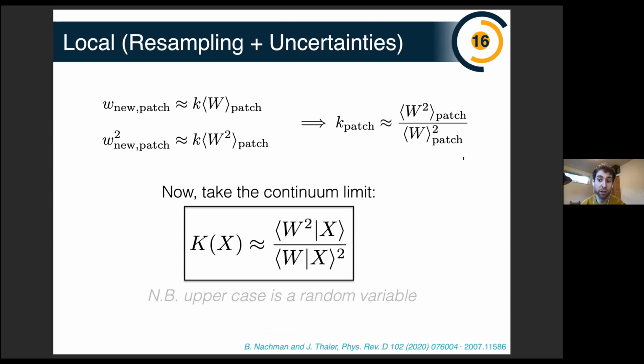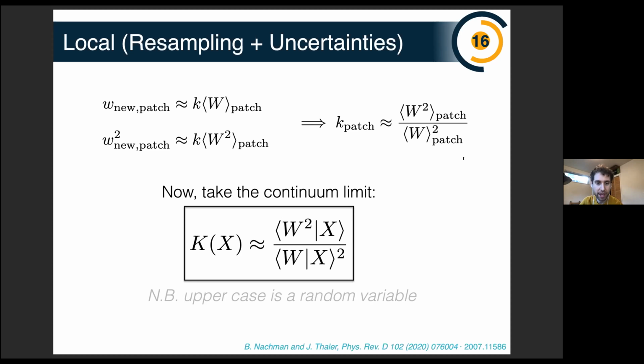If you take the continuum limit where the size of the patch goes to 0, then you have a function K, a function of the phase space, where locally you want this resampling factor to be the expected value of the weight squared divided by the expected value of the weight, squared. Here, uppercase denotes random variables. If you want to see the technical details with all of the equations properly accounted for, it's in the paper.